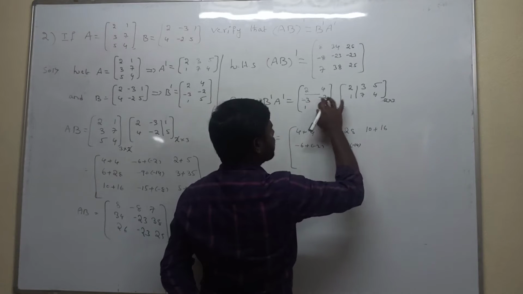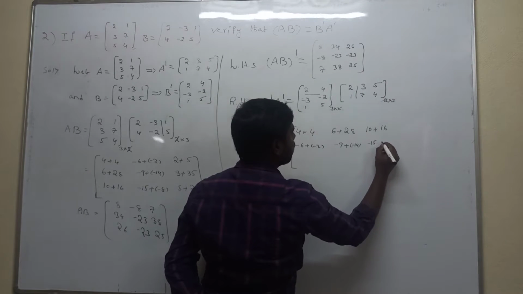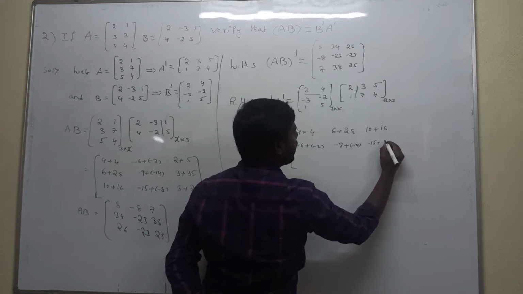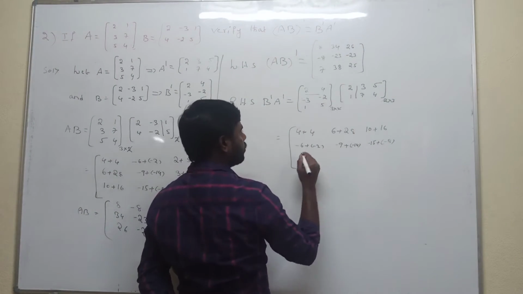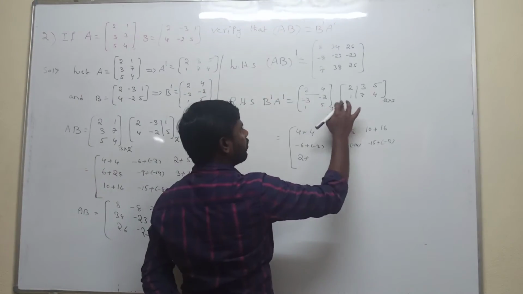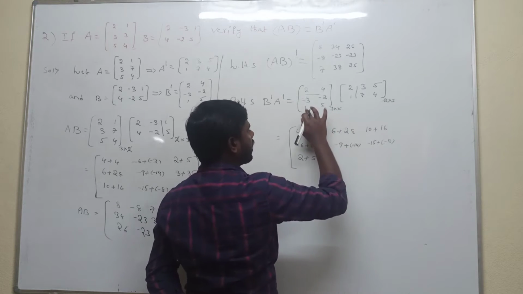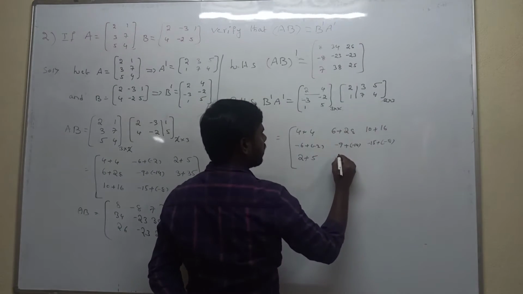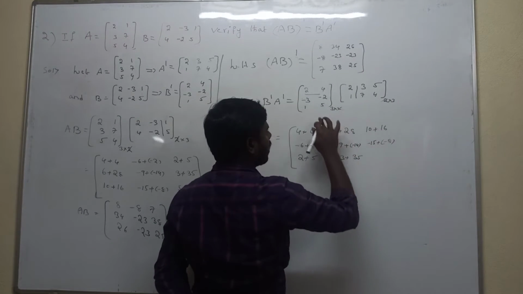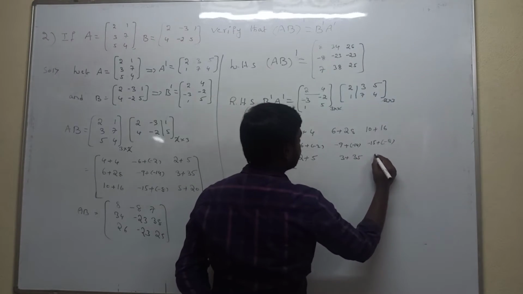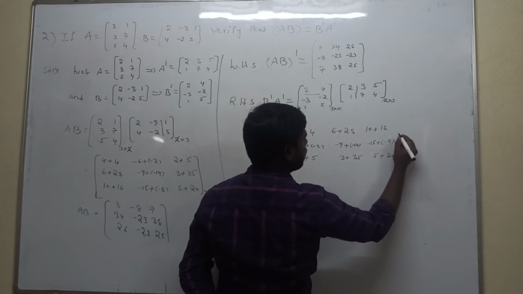Second row, third column: minus 3 into 5 is minus 15, plus minus 2 into 4 is minus 8. Next, third row, first column: 1 into 2 is 2, plus 5 into 1 is 5. Third row, second column: 1 into 3 is 3, plus 5 into 7 is 35. Third row, third column: 1 into 5 is 5, plus 5 into 4 is 20.